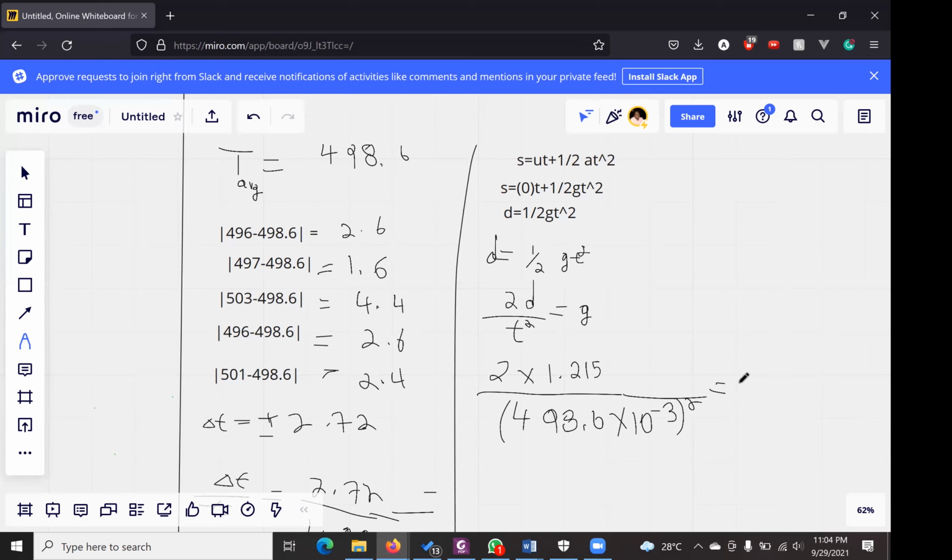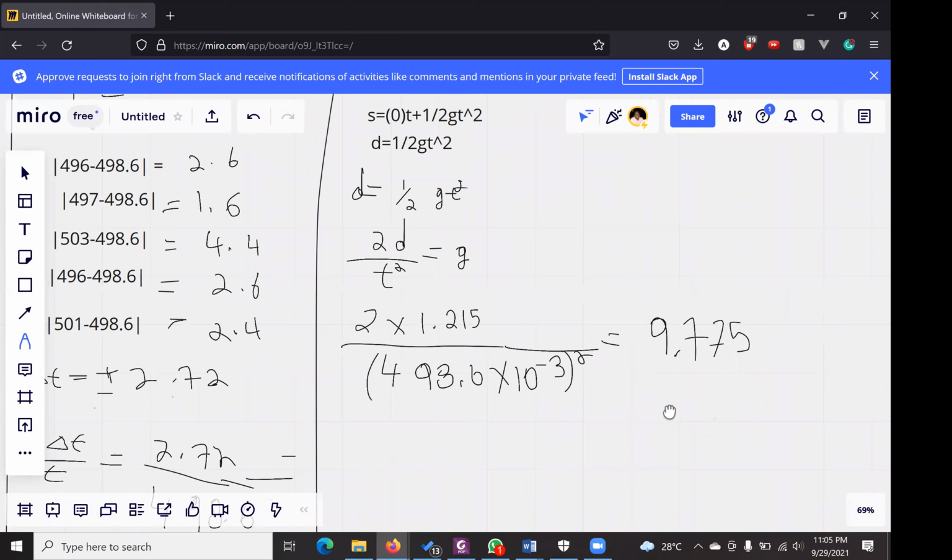I'm assuming that everybody knows how to put this in their calculator, right? We get 9.774, which is something close to what we had expected. That's 9.775 actually. Don't forget the units here: meters per second squared.